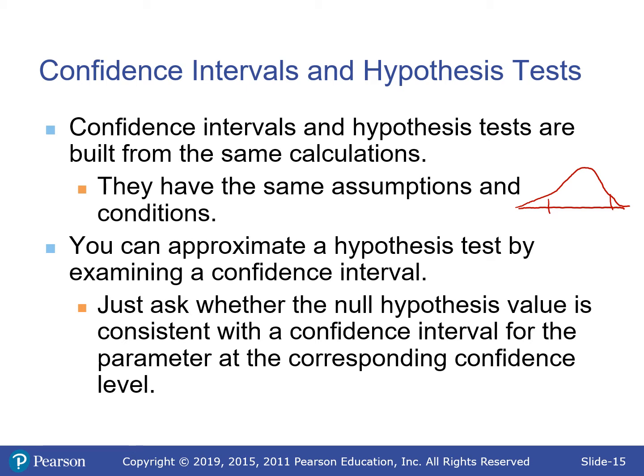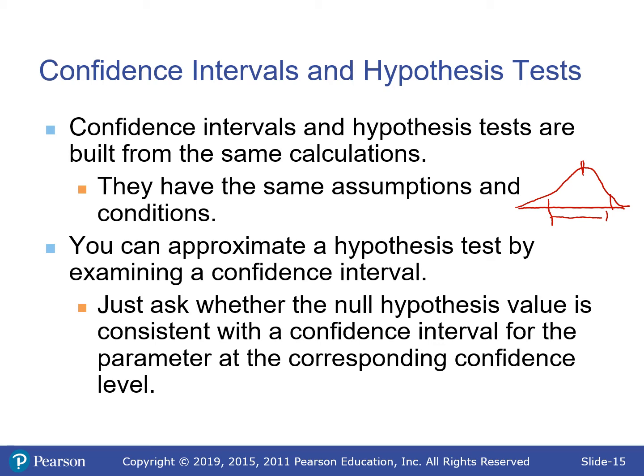The difference, again, is that with an interval, we're trying to estimate that population proportion. With a test, we are testing a claim against that population proportion.